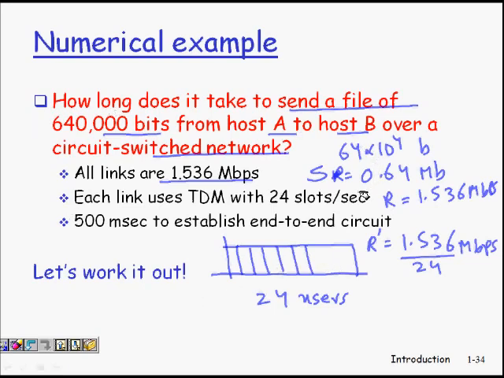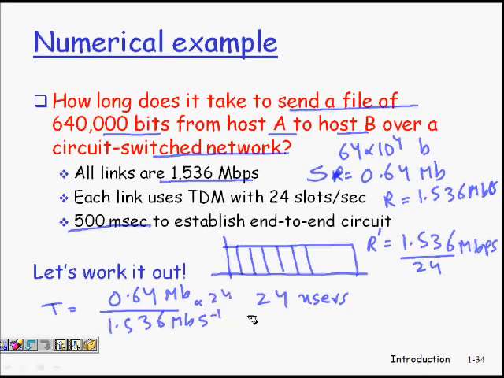Now he has data of 0.64 megabits. So data divided by the rate will be the time taken to send the bits, plus it's a circuit switched network, so you need to set up the circuit, which takes 500 milliseconds. So the time is 0.64 megabits divided by 1.536 megabits per second divided by 24.